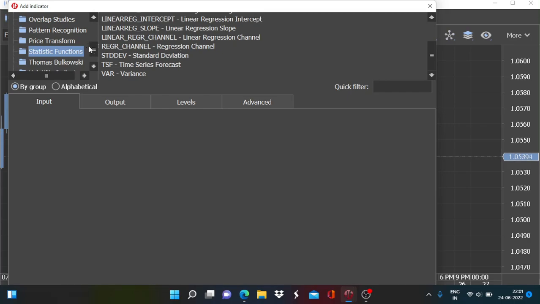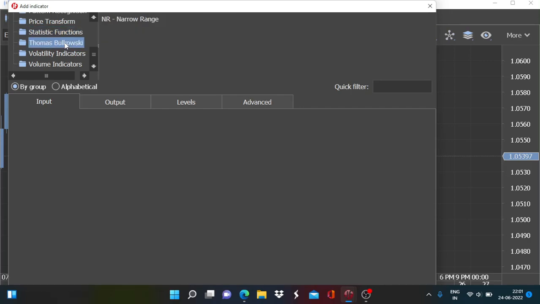And we will try to catch up with these formations and get the job of finding the opportunities done regardless of our statistical background. We have this one option listed amongst the Thomas Bulowski, and I think he was the one who figured out this formation, narrow range, and that's why it is the single indicator listed under his name.